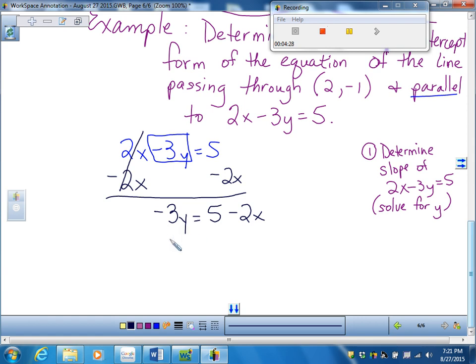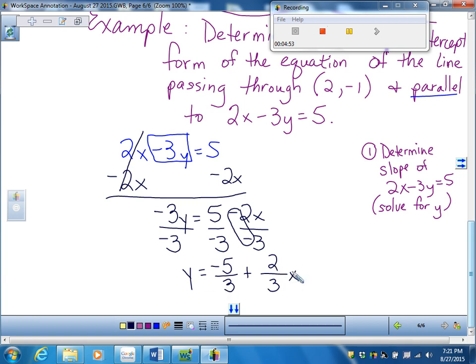Next, I need y by itself. So I have to divide by negative 3 on both sides. Once I do that, I now have y by itself. So I can simplify this. I'm going to move the negative to the top, so I get negative 5/3. Right here I've got two negatives, so that's going to make a positive 2 over 3x.